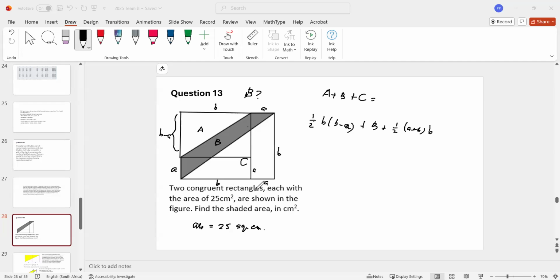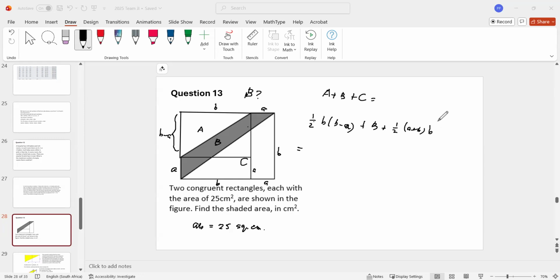So they say that the two congruent rectangles, yeah, we've got AB is 25. Okay, so what have you got here? This is equal to, we're working out the area of this entire triangle.